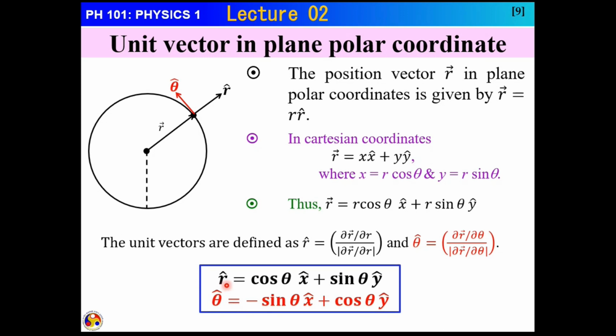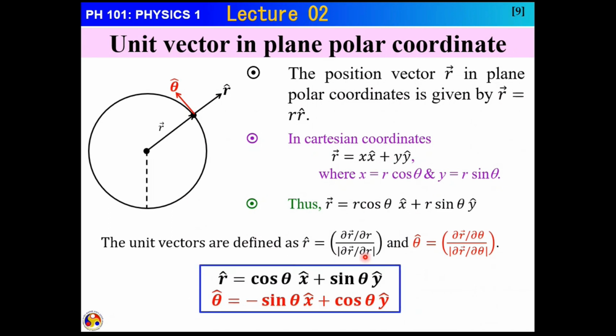If you want, you can do this exercise: the rate of change del r by del r here. If you do, this will become cos theta x cap plus sin theta y cap. It is going to be the same as what we have already derived using the geometry.